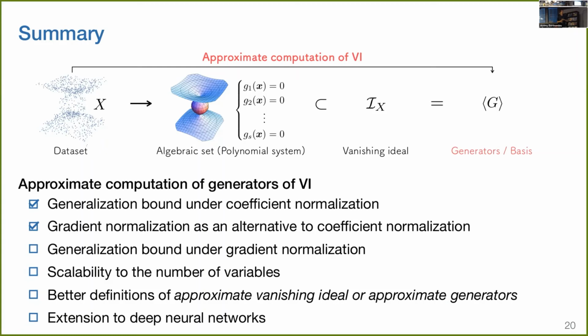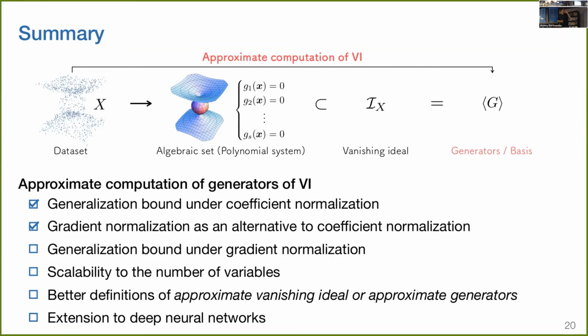But so far, we provided a generalization bound, which is very good in machine learning, under coefficient normalization. We also provided gradient normalization, which can replace coefficient normalization, and this normalization can do what coefficient normalization cannot.